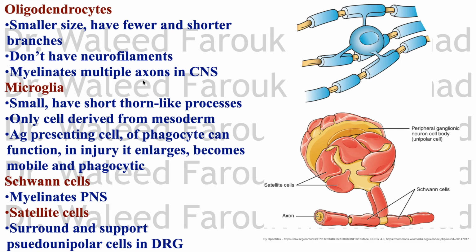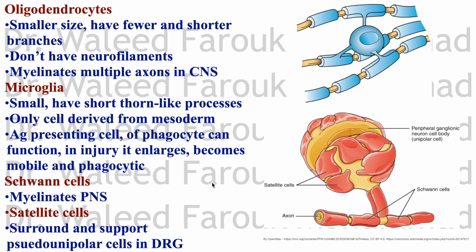Microglia are small and have short thorn-like processes. They are the only cells that derive from mesoderm, like the cells of the blood. They are antigen-presenting cells and have phagocytic function and are activated in injury.